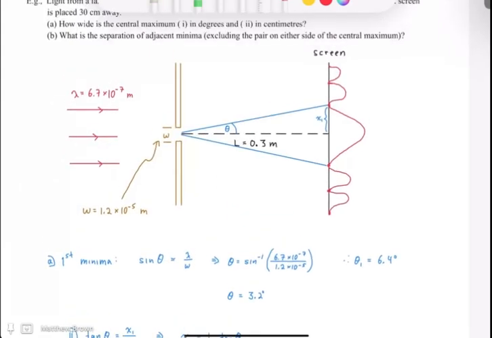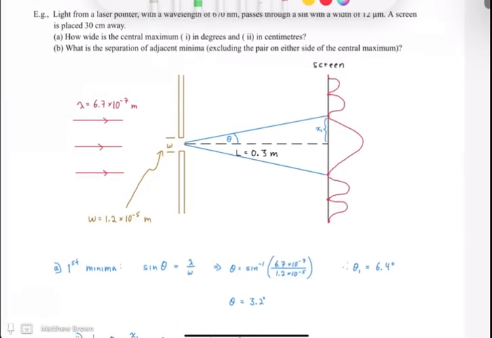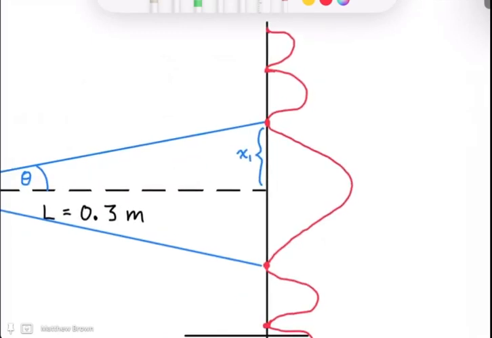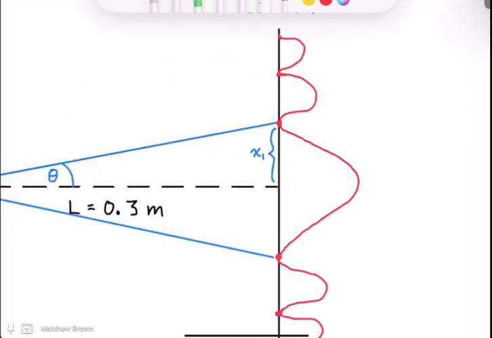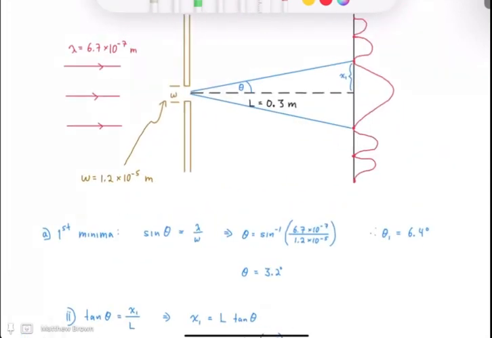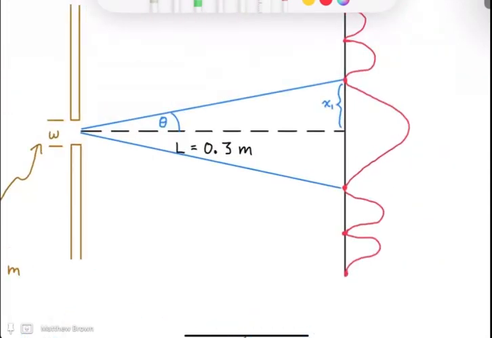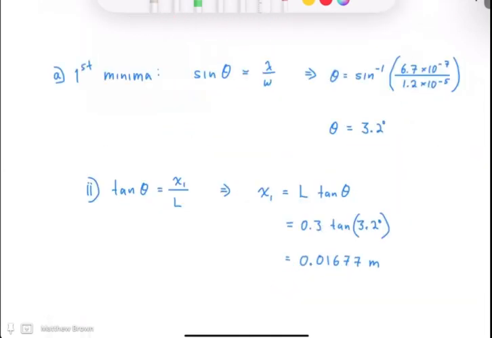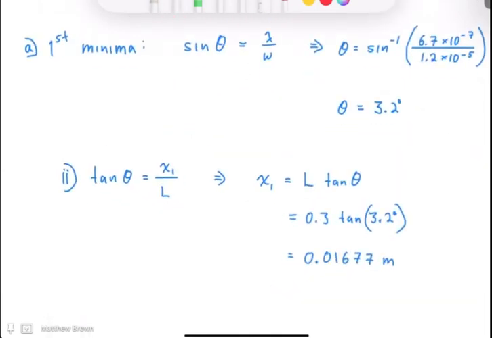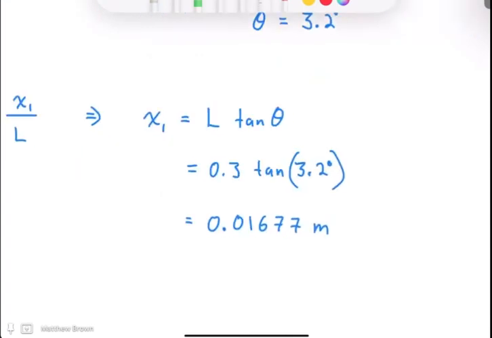And then it also asks for this in terms of centimeters, which is what I was just working on there. So basically, I want this distance x1, and I'll do the same thing. I'll just double it. If I'm looking at this triangle, it's the tangent of theta that is x1 over L. So that's the equation I wrote down here, tan theta equals x1 over L. Multiply both sides by L, and then I substituted in the numbers, and I got 0.01677 meters.